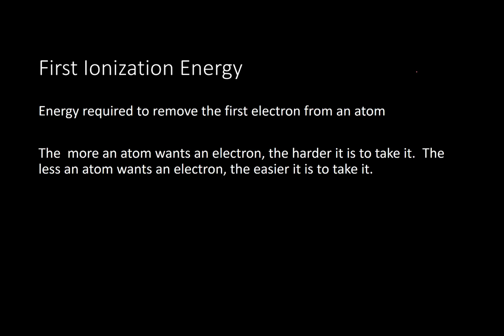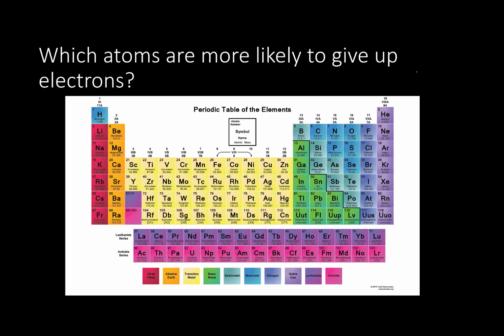The less an atom wants an electron, the easier it is to take it. So we need to look at the periodic table and decide which of these atoms wants electrons the most and which wants them the least. So again, first ionization energy is the amount of energy required to take an electron from an atom.